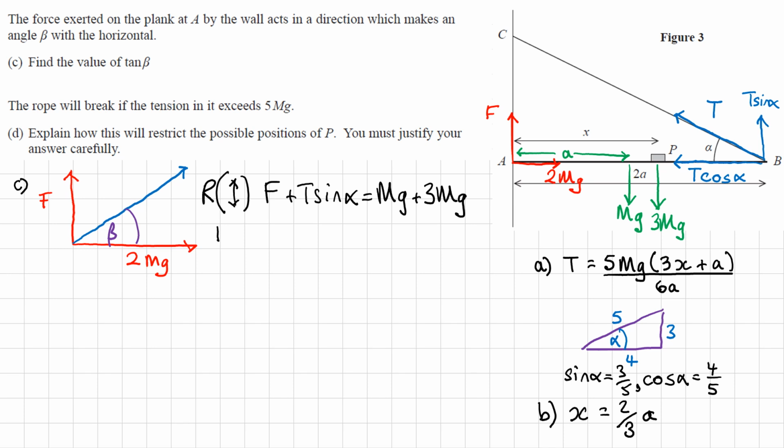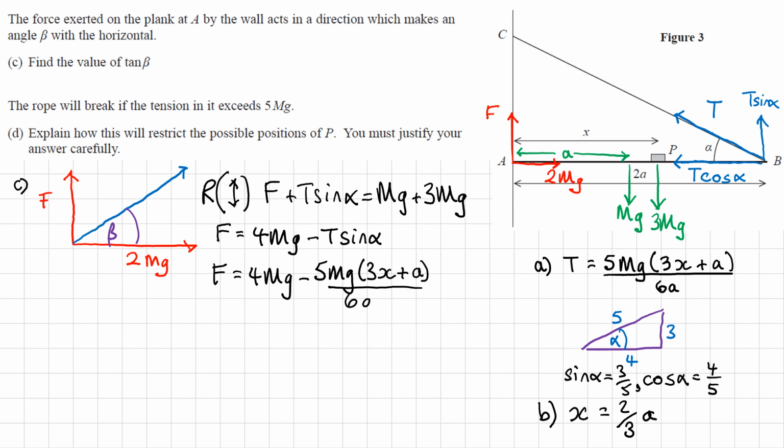We want F, so F is going to be equal to, well, if I've got mg plus 3 mg, that's 4 mg, then minus T sine alpha. So let's substitute what we have for T and sine alpha. So T is the same T that we had from before, so that's 5 mg, 3x plus a over 6a, times by sine alpha, which is 3/5.